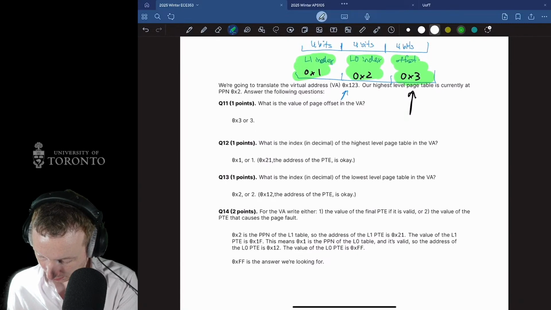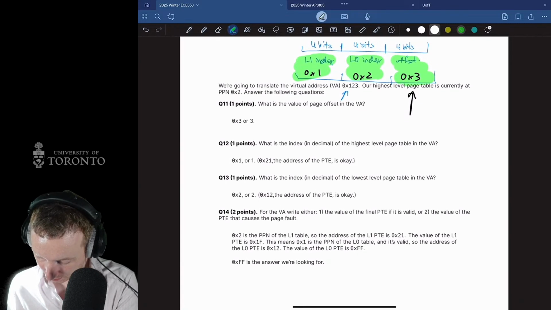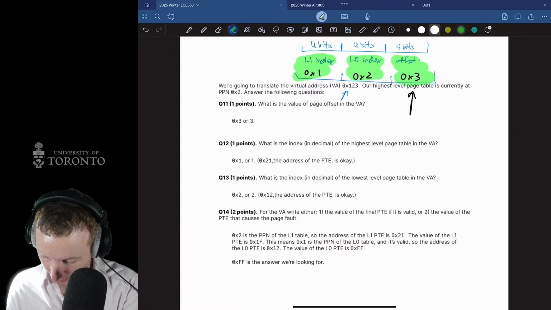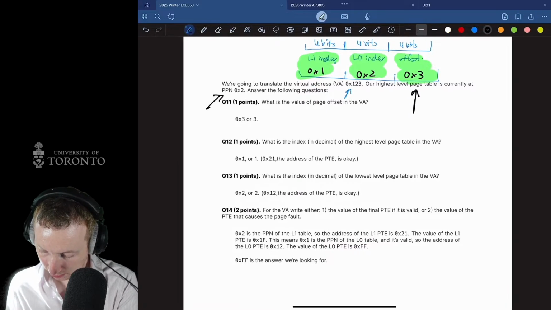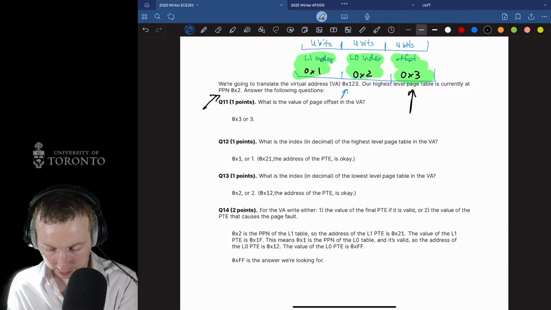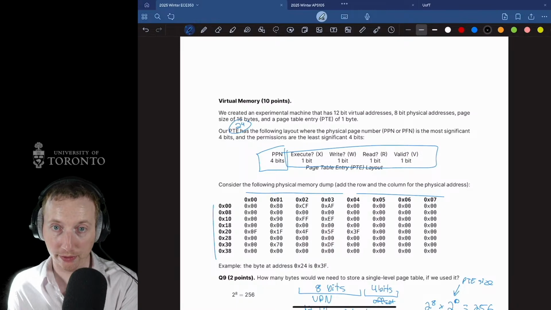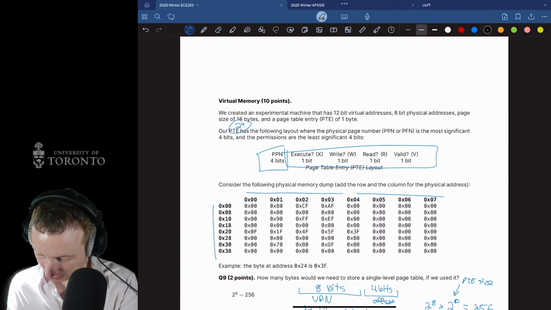And then for doing the translation, how we do that is, it's set up that our highest level page table is at ppn 2. So in here, ppn 2, and we figured out that each page table has 16 entries.